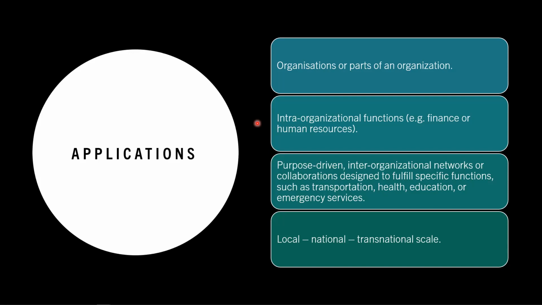In our case, then, strategic plans describe purpose-driven inter-organizational networks or collaborations that are designed to fulfill specific functions, such as the provision and maintenance of transportation networks and infrastructure, the provision of public health services, the provision and maintenance of educational facilities, or the provision and maintenance of emergency services networks.